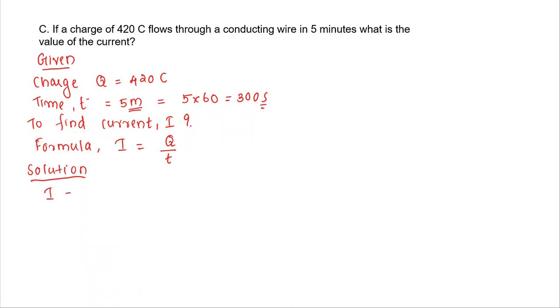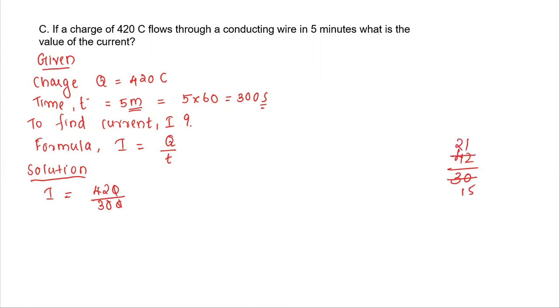That is I is equal to Q, which is 420, divided by time, which is 300. 0 cancelled. Okay, we got 42 upon 30. We can cancel with the 2, that is 15, and here 21.